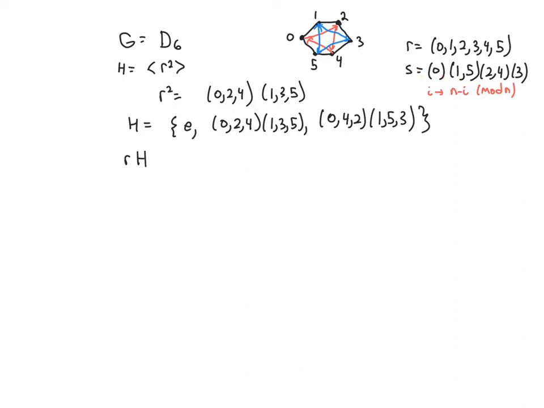So let's look at R times H. Well, then you're going to get R, which is the full cycle. You're going to get R times R squared, which I'm going to call R cubed for a moment, and R to the 5th.